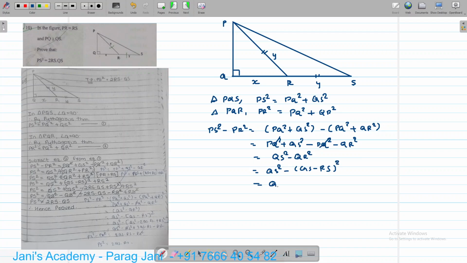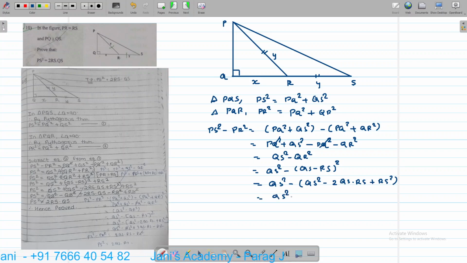Now again, QS square minus, just open the bracket, QS square minus 2 QS dot RS plus RS square. Now you can break it open: QS square minus QS square plus 2 QS dot RS minus RS square.